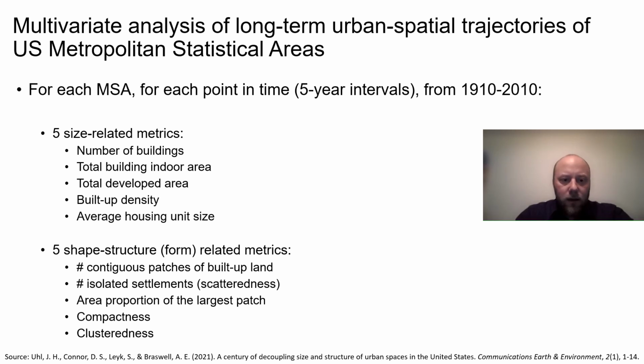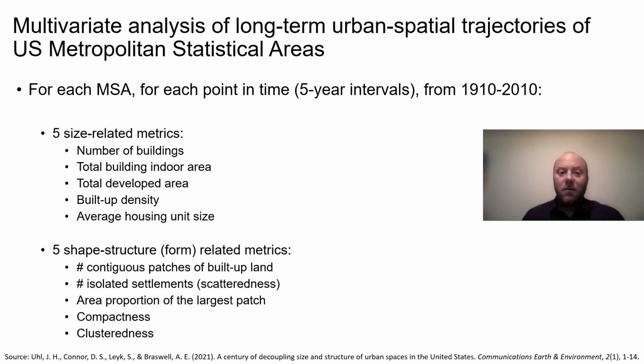Size-related metrics are the number of buildings, the total building indoor area, the total developed area, built-up density, and also a measure of housing unit size. Shape or form-related metrics: the number of patches, what we just saw in this example, also a measure of scatteredness, the number of spatially isolated settlements, the area proportion of the largest patch, and then measures of compactness and clusteredness.